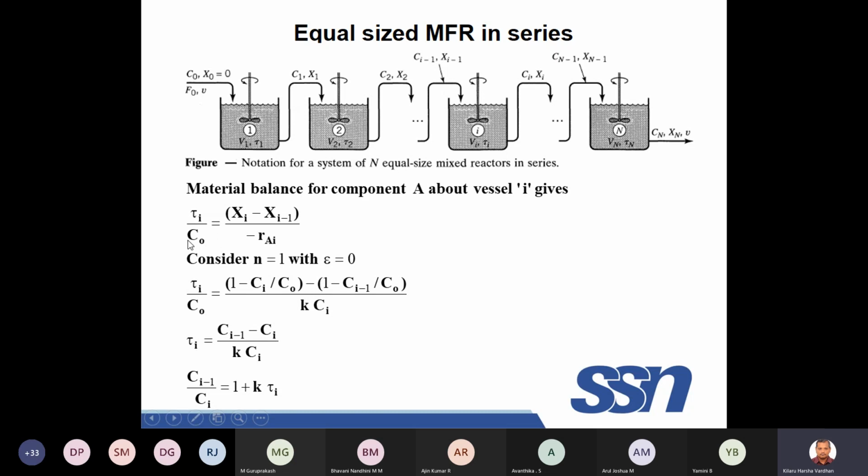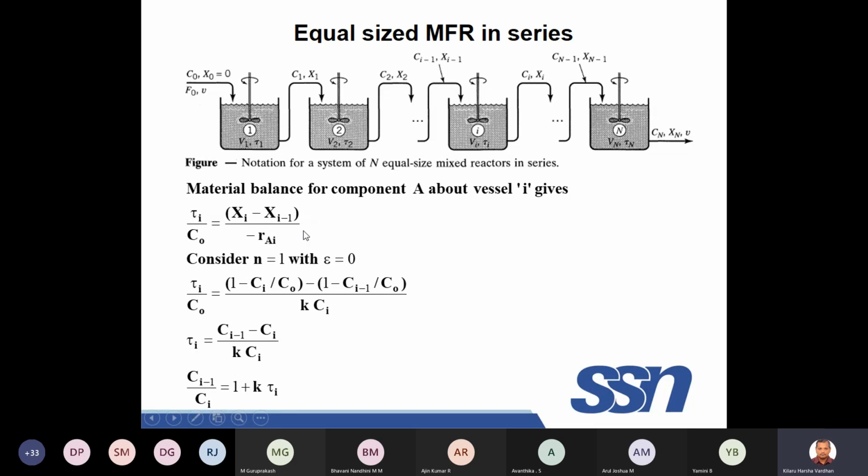Generally, concentration will be given in terms of C or C naught, or Ca or Ca naught; I'm just writing for a reaction A gives some product. For any kind of reaction, generally we put C, without the suffix A or B. So tau i by C naught is xi minus xi minus 1 by minus Ra. This is the performance equation of the MFR.